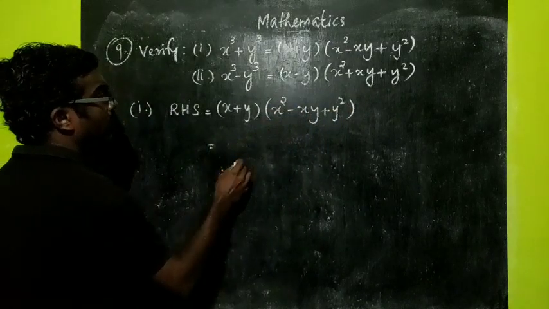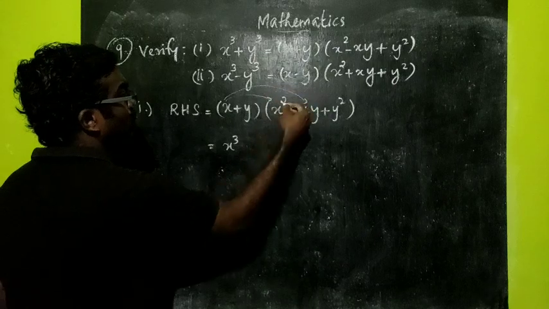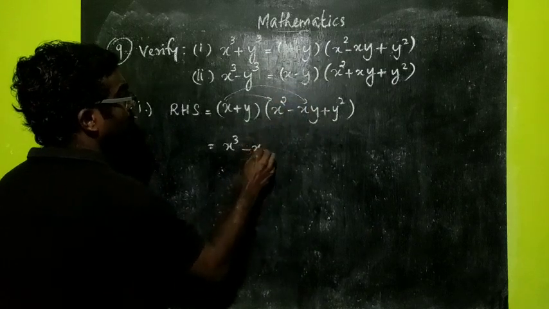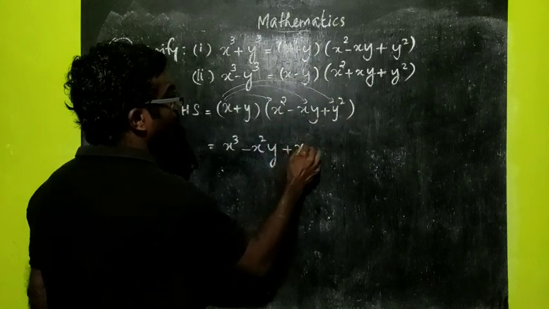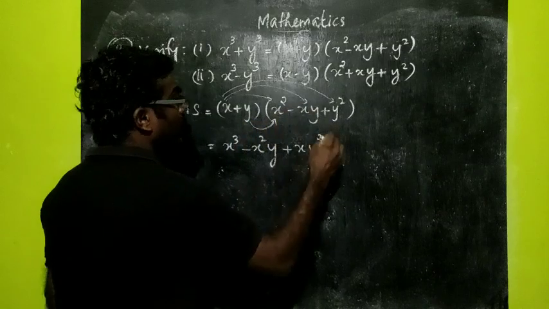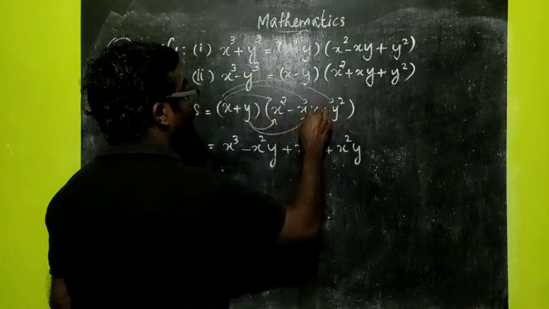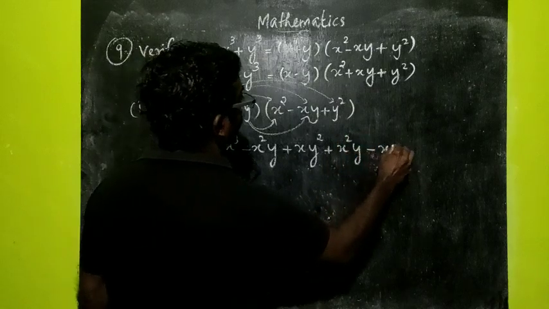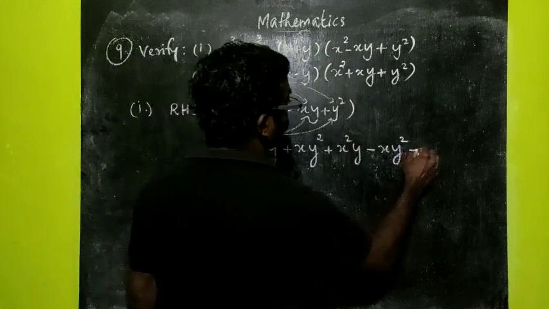Now we can multiply x into x square, that is x cube, x into minus xy, minus x square y, then x into y square, that is xy square. Then y into x square, x square y, y into minus xy, minus xy square, y into y square, y cube.